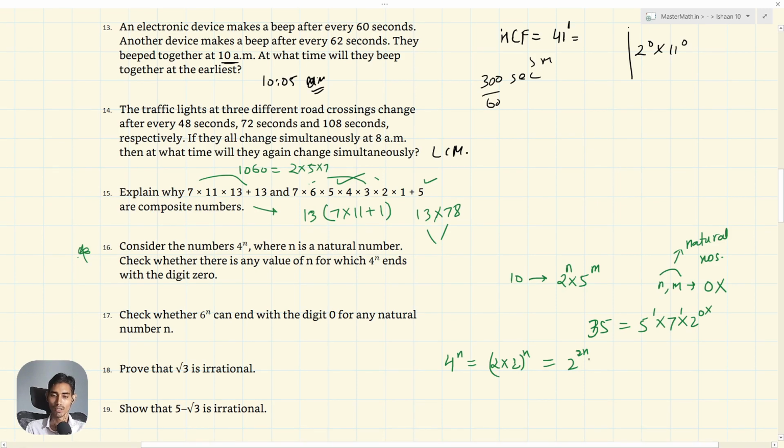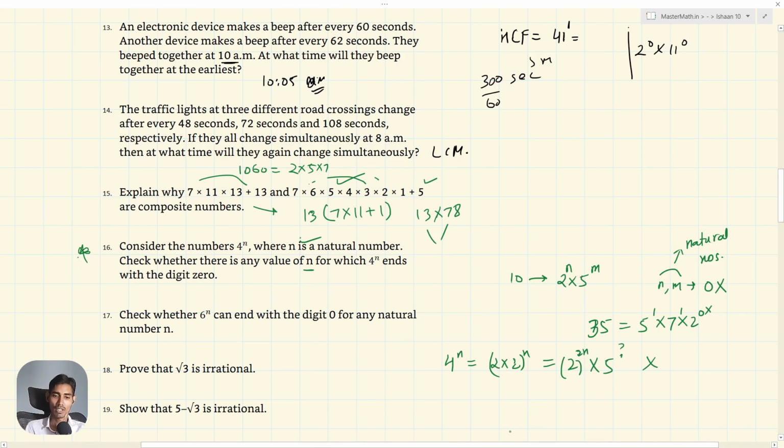And 2 power 2n has only 2 power a natural number, because they have given n is a natural number. 2 power 2n is there, but there is no 5 power anything. And we can't take 0. It has to be a natural number. Therefore, it's not going to end in a 0.